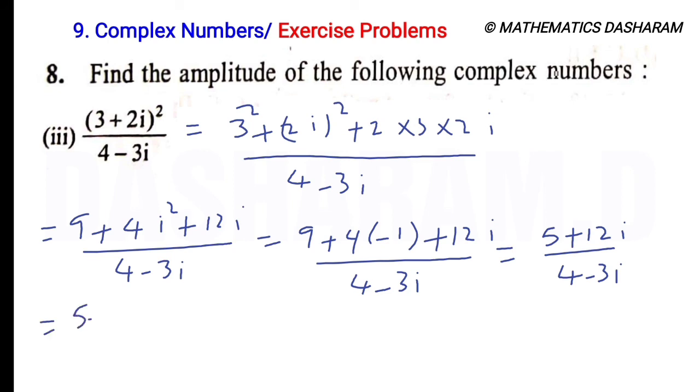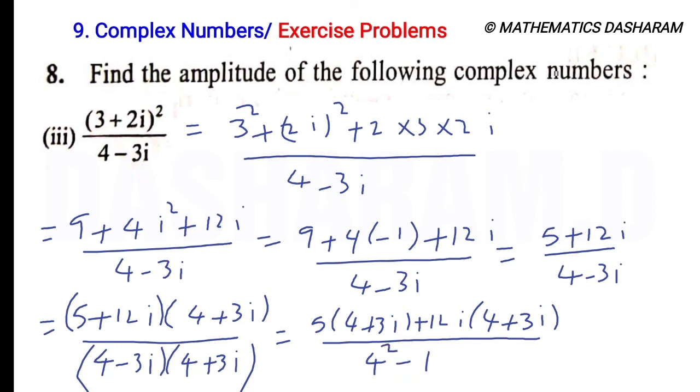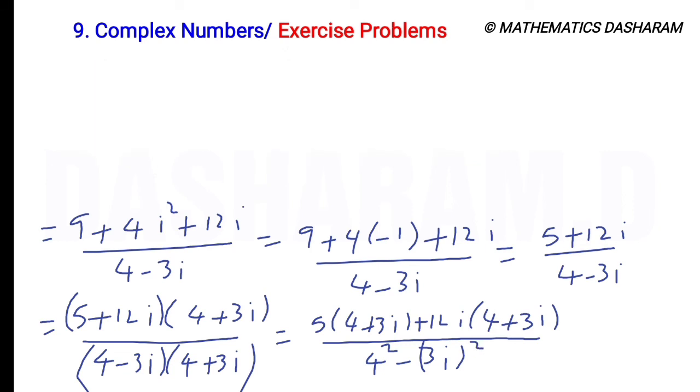Now multiply the numerator by the conjugate of the denominator, that is 4 plus 3i, and the denominator also. So 5 into 4 plus 3i plus 12i into 4 plus 3i, and for the denominator a minus b into a plus b is a square minus b square, so 3i whole square. 5 fours are 20, plus 5 into 3i is 15i, plus 12 into 4 is 48i.